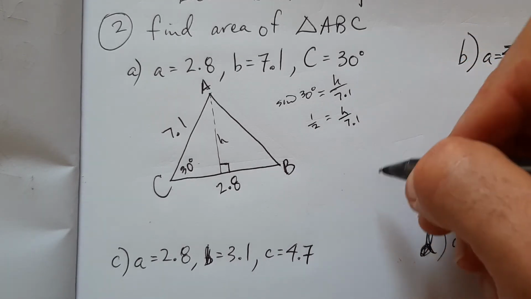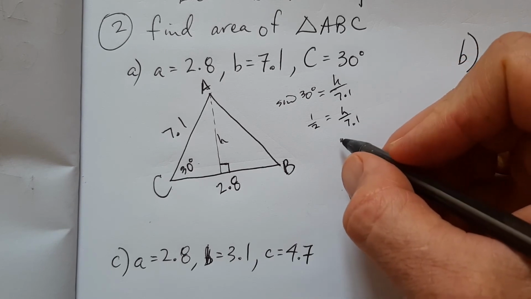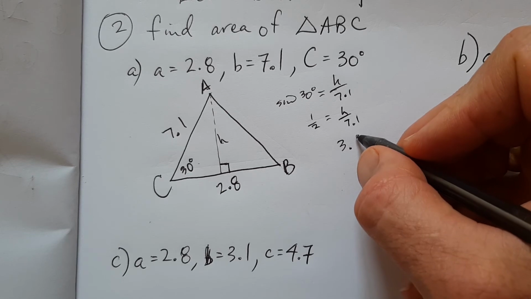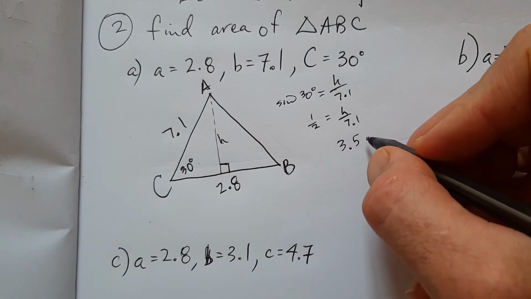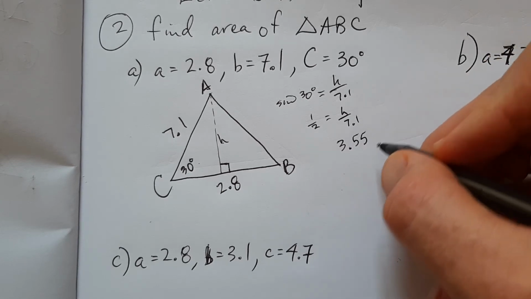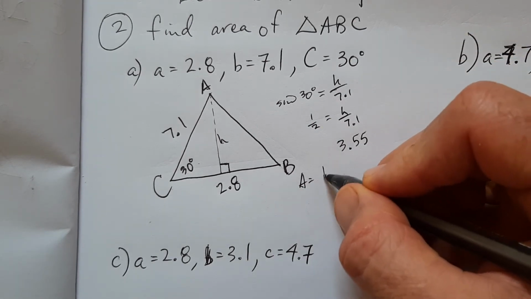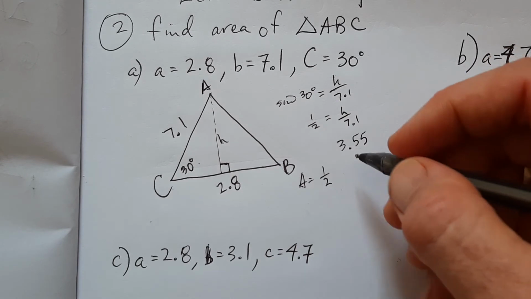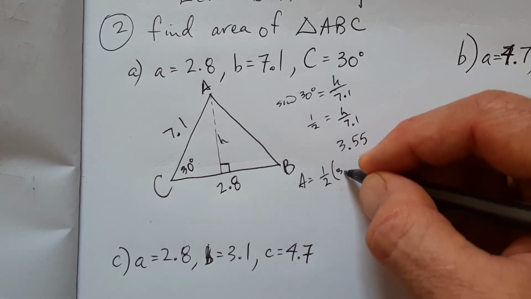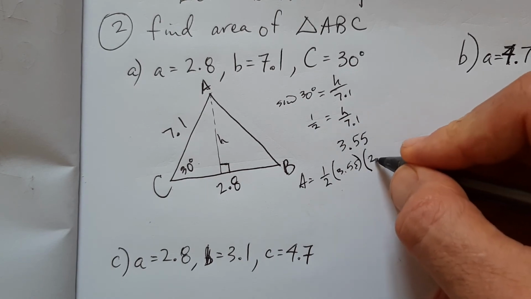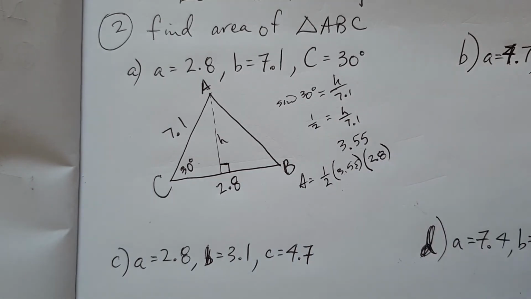So h is going to be half of 7.1, what is it, 3.55? Is that right? 3.55, I think. And then use that, area equals 1/2 base times height, 3.55 times 2.8. Okay, I'll leave the calculation to you.